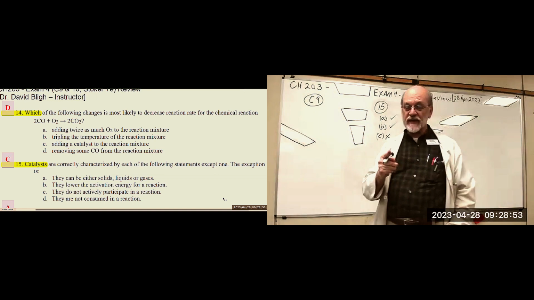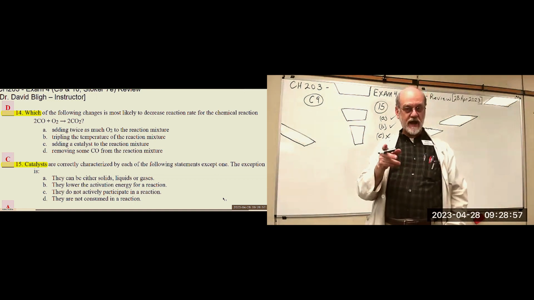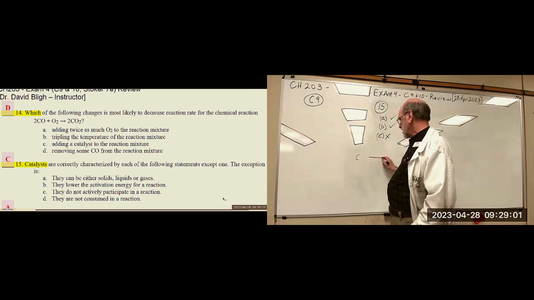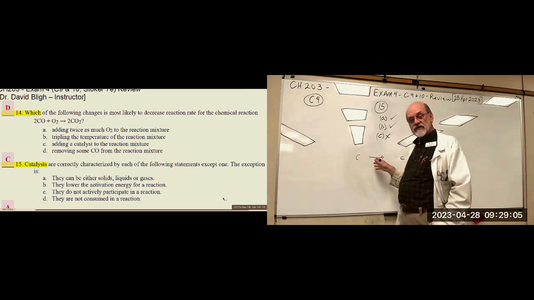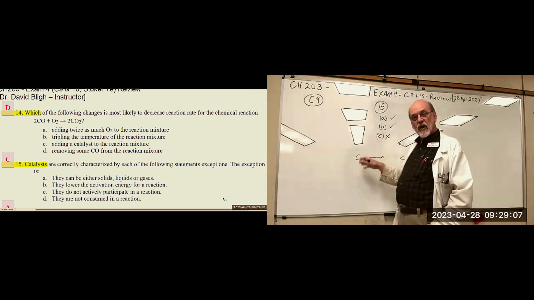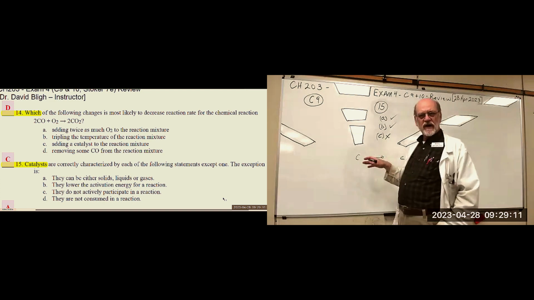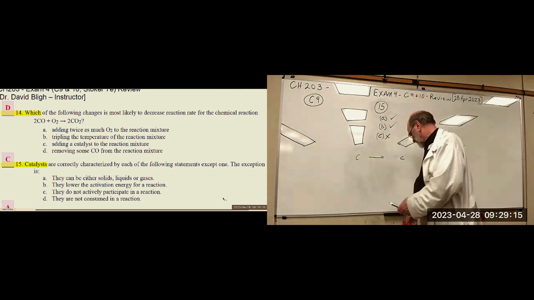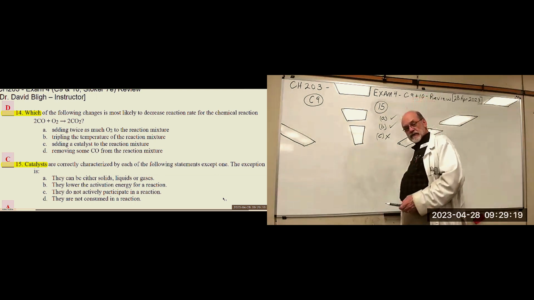Catalysts do participate in the reaction. It's just that they are not consumed by the reaction. In other words, a catalyst comes in one side and shows up on the other side. It participates in the reaction, but it's not part of the product, the desired product. The catalyst goes in one, comes out the same. All right, so C is the false one.